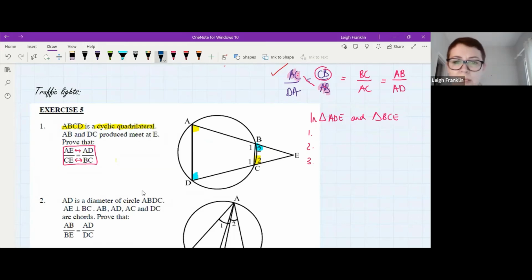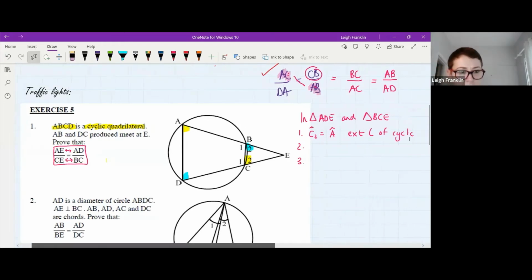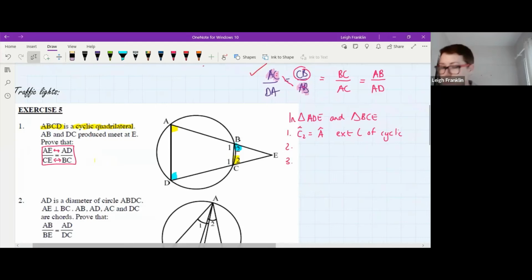All right, so now we can start off. Point number 1: angle C2 equals angle A, and our reason is exterior angle of cyclic quad.